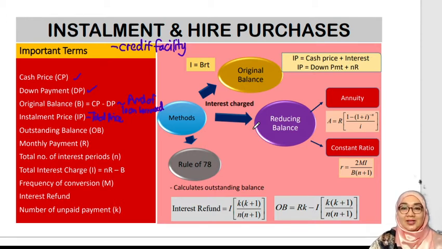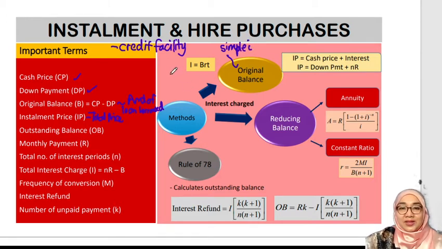There are two main methods that we're going to look at. The first one, interest charge based on original balance. The second one is interest charge based on reducing balance. Original balance, nama pun original, so maksudnya it applies the concept of apa? Simple interest. So ingat lagi tak what is simple interest?